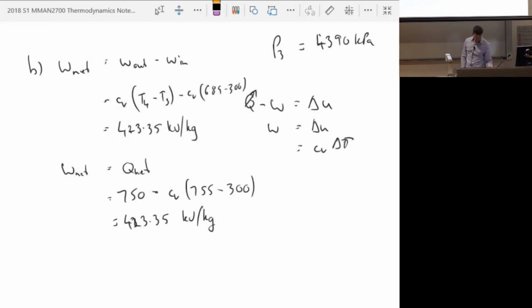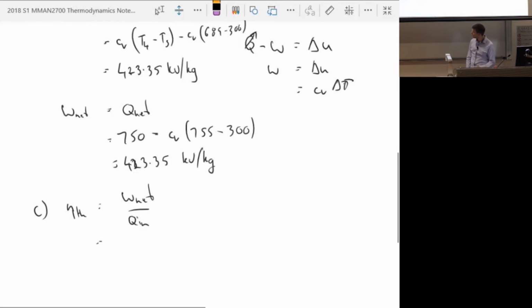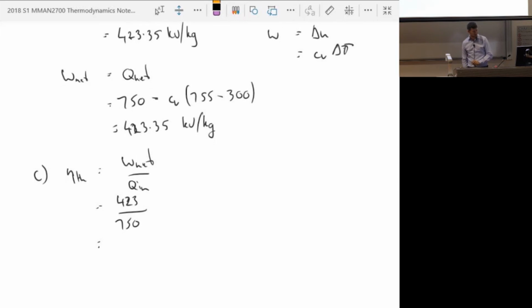The thermal efficiency is what you got out of the system divided by what you had to put into it. So thermal efficiency is net work divided by Q in. We've got our net work at 423 divided by 750, our defined Q in, and that gets you 56.5%.